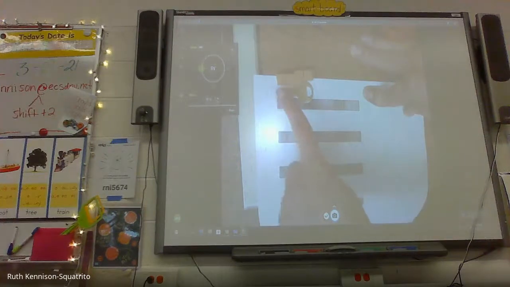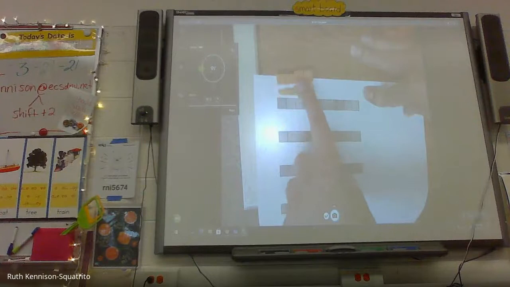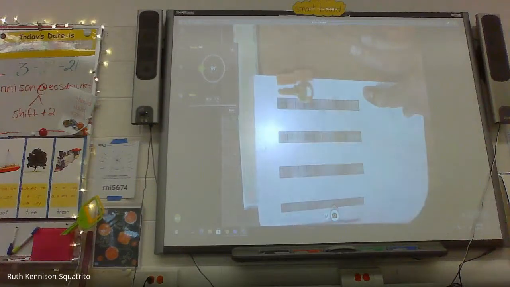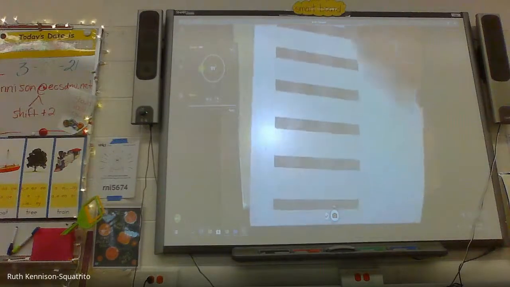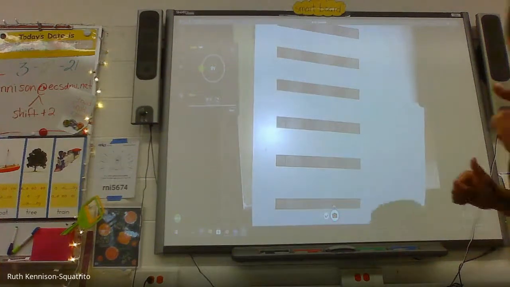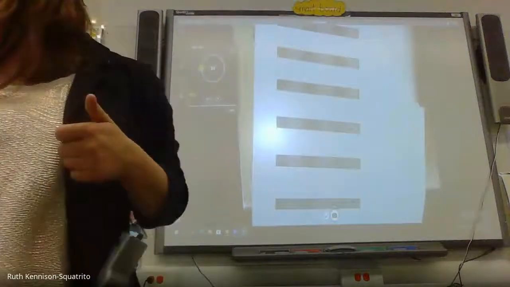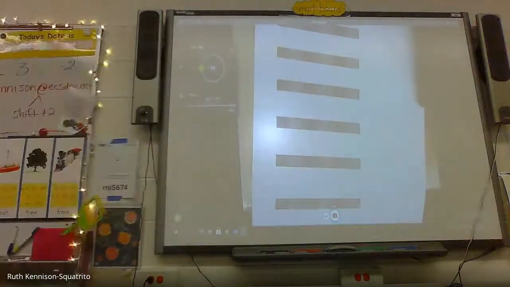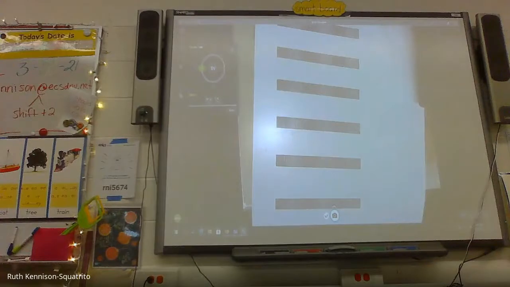Right, Miguel? How many orange cubes is the key? So how many cubes long? 4 cubes long. Very good. Okay. So you guys understand what we're doing today? Yes. Wonderful. We're measuring.